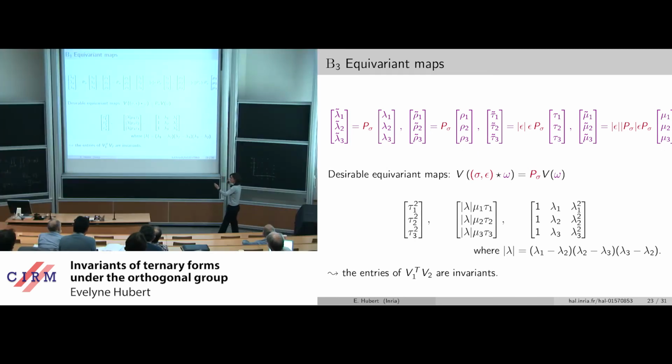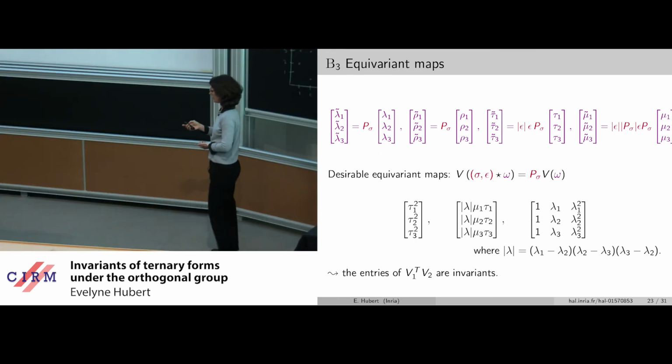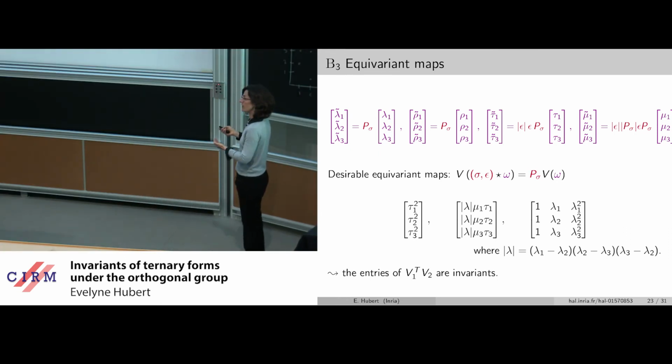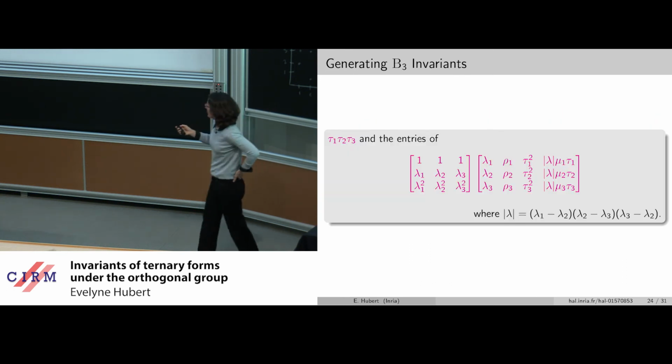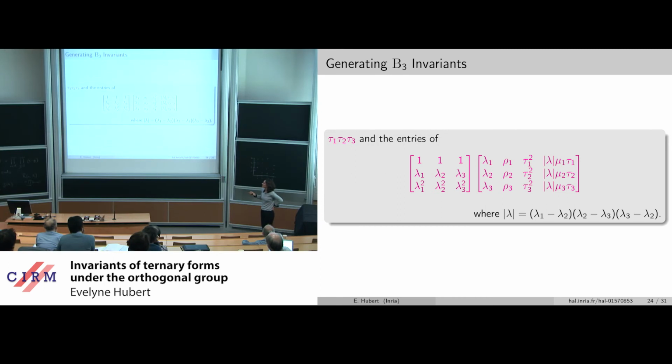So now we have all these equivariant maps for this equivariance. If we take the transpose of one of these maps multiplied by the other one, we get an invariant. So it nicely produces invariants from the equivariant maps. For instance, if we take this Vandermonde matrix, transpose it, and multiply by this 3×4 matrix, we obtain 12 invariants.